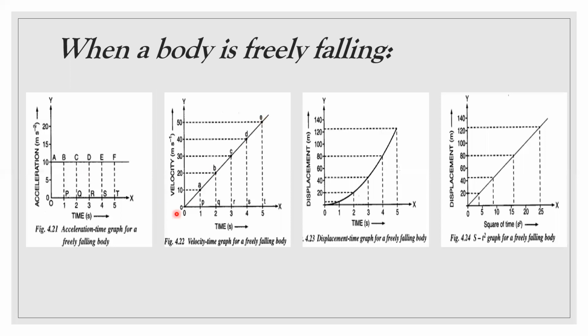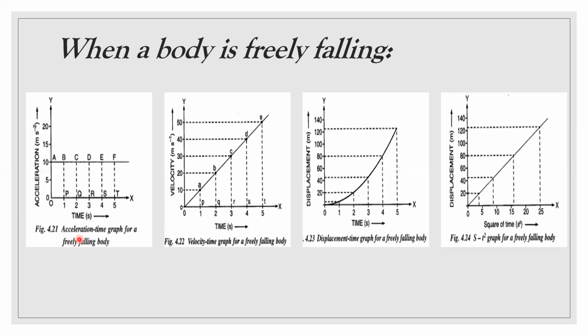So a freely falling body's velocity time graph is a straight line inclined to the time axis because velocity is increasing with uniform acceleration. Okay. Any problem in this graph 4.22? Respond quickly.